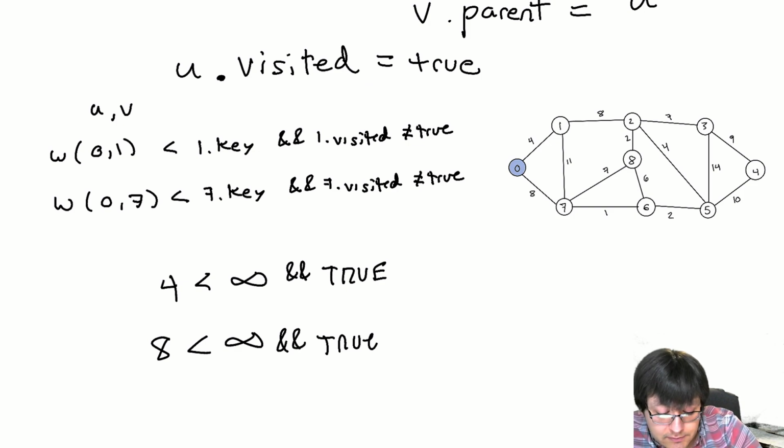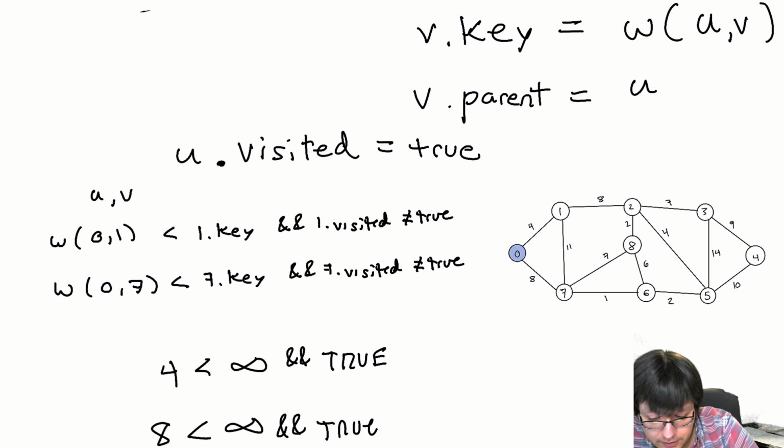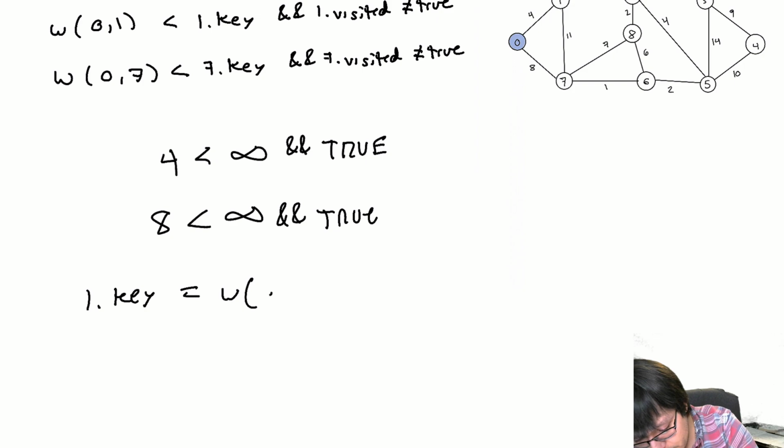That says to go into the if statement and update our keys with those values. We take 1.key and update it with the weight from 0 to 1, which means 1.key is equal to 4.